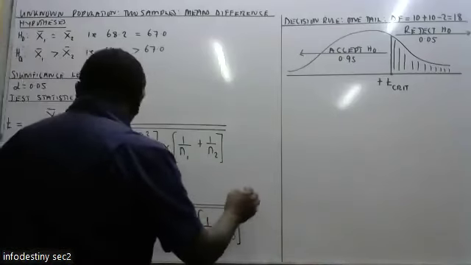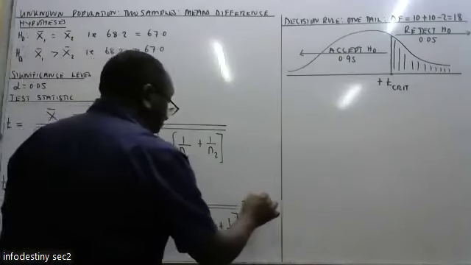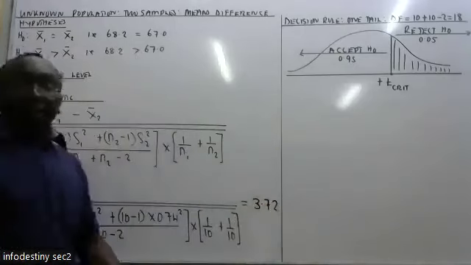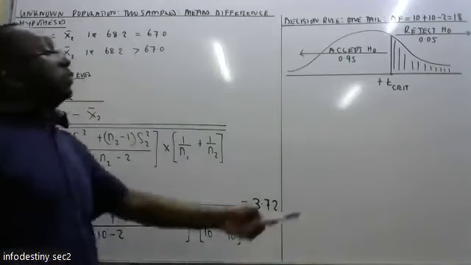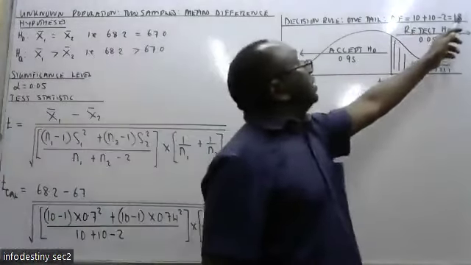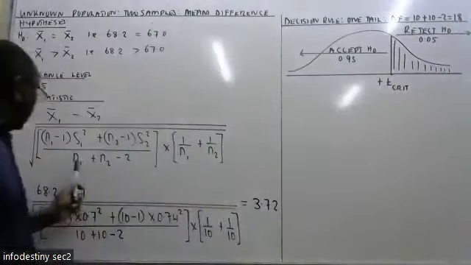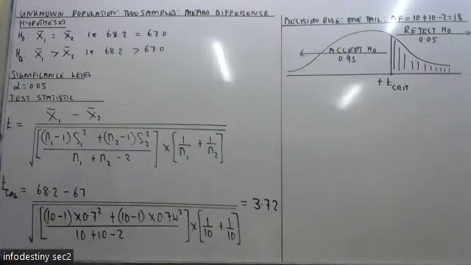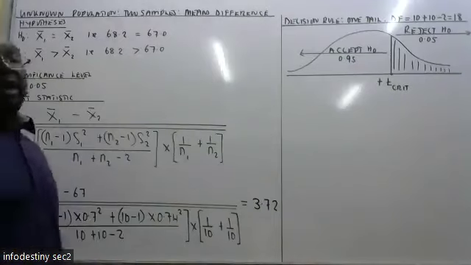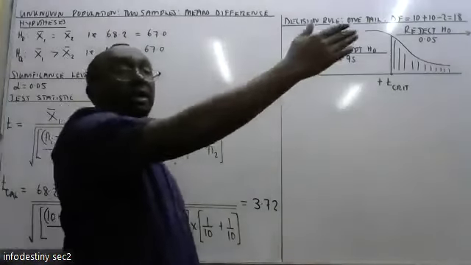3.72 positive, eh? 3.72. Okay. Chora ile, alafu you see these degrees of freedom, eh? Yeah, 18. This is N1 plus N2 minus 2. That's how you're getting it. So sasa utaenda kwa t students here.